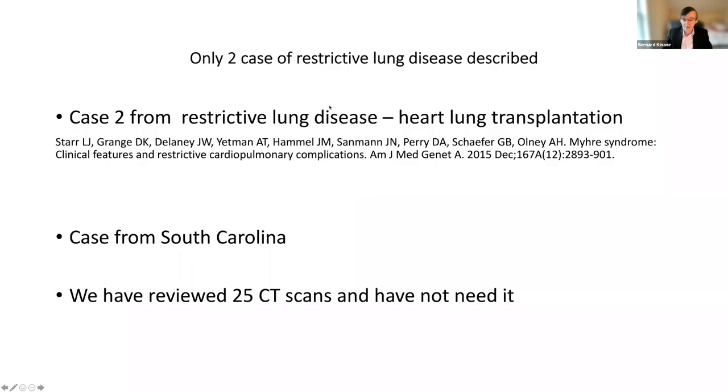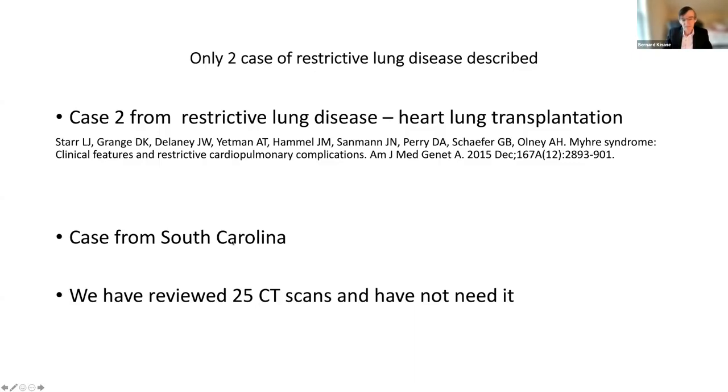Now, if you review the literature, we can find two cases of fibrotic lung, fibrosis of the lungs. One case is the number 2 case from Starr, which is published in the American Journal of Medical Genetics. And then there's a post-mortem study from South Carolina.